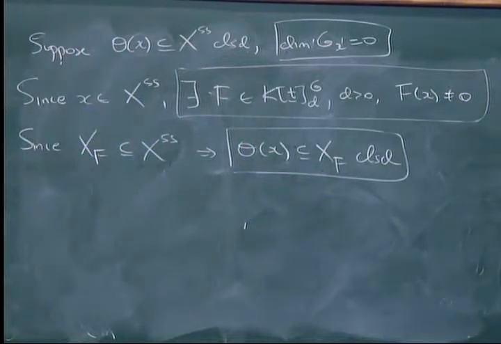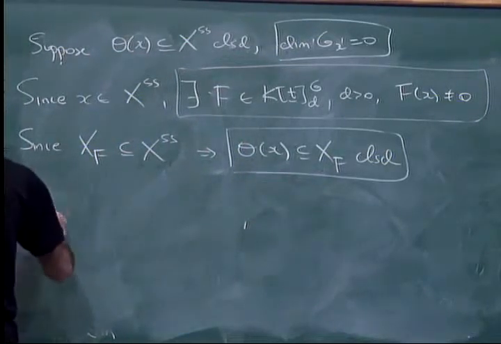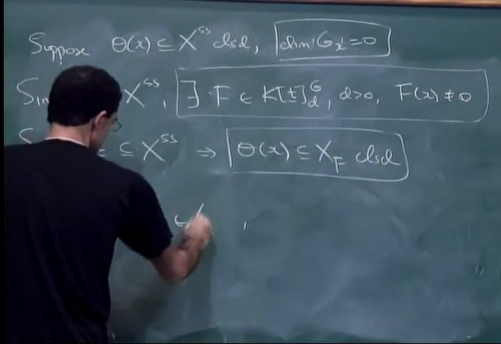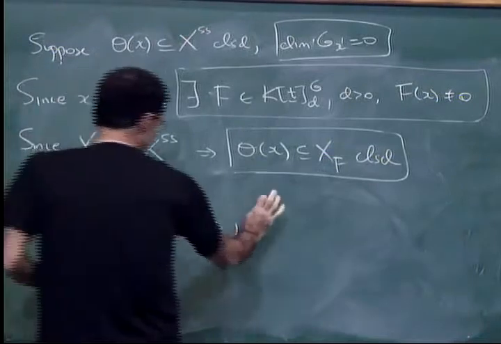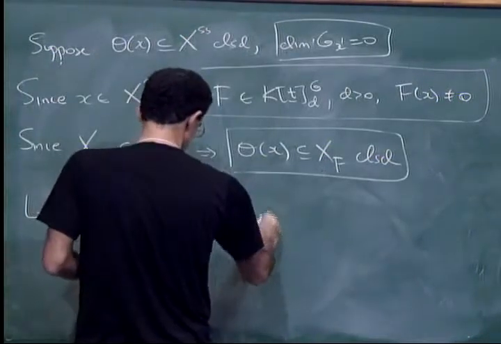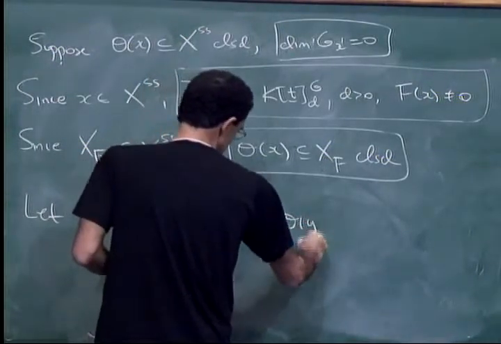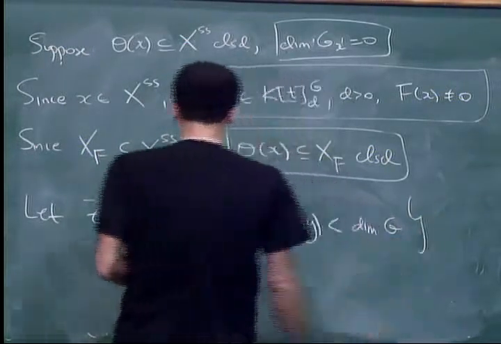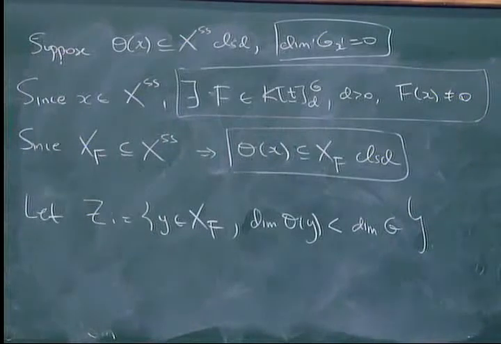So what we do, we consider the points where the dimension of the orbit is less than the dimension of G. Okay. And this is closed.